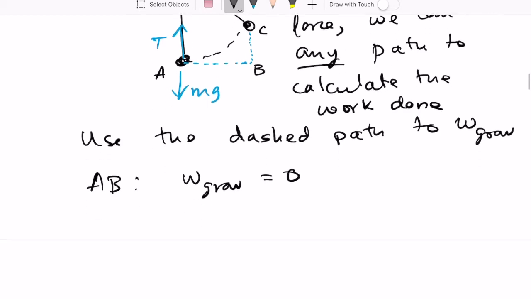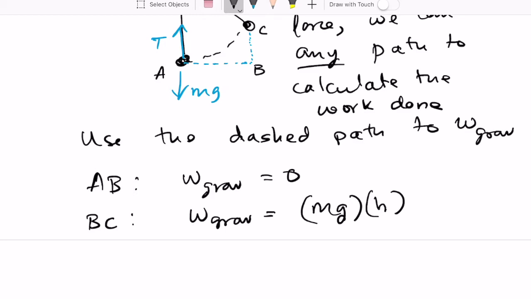What about as you move from B to C? In this case we will get a non-zero answer, so let's calculate that. The formula for work is F d cosine theta, right? So the force is mg, the displacement is the height h, which is BC.